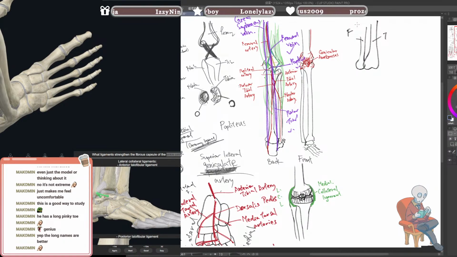Then there's the cuboid bone, the calcaneus bone, cuneiform. I use green for the ligament.